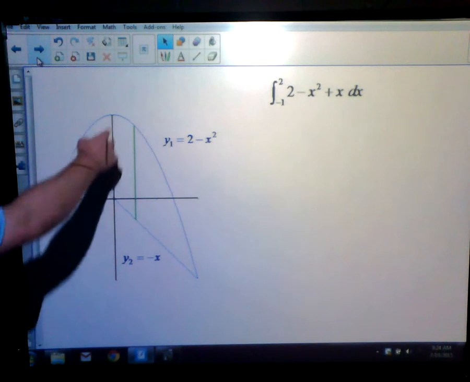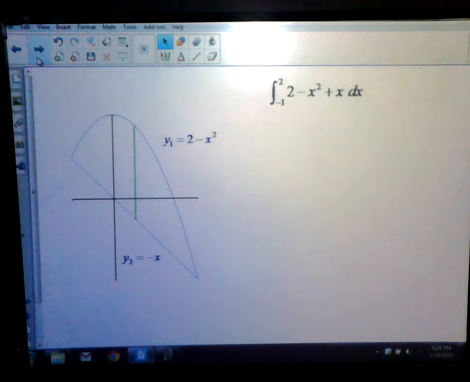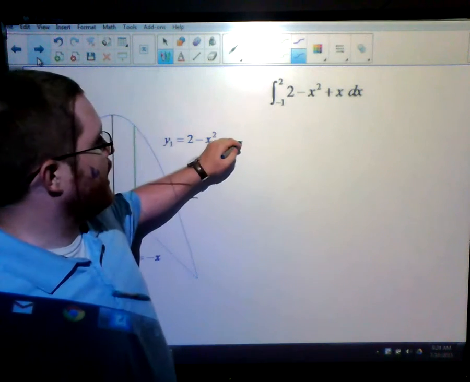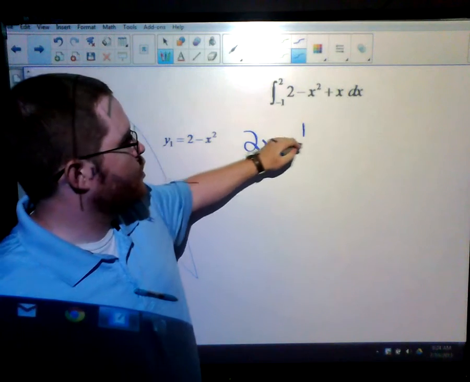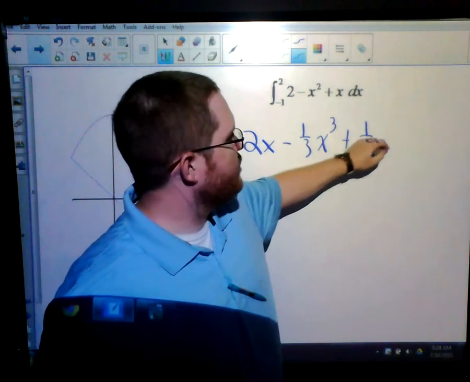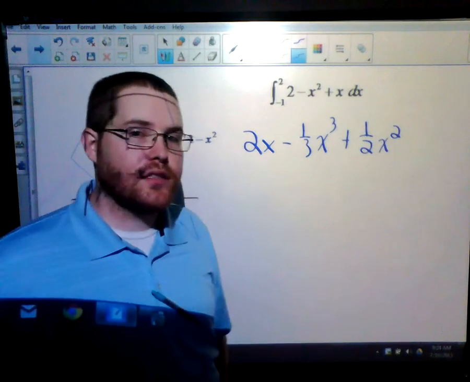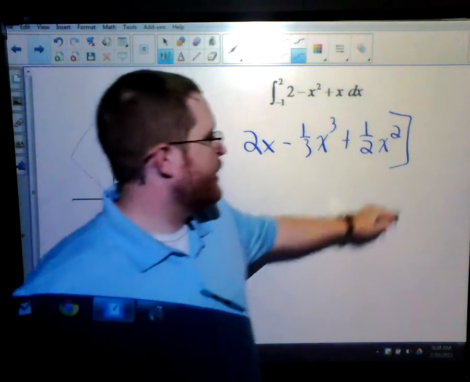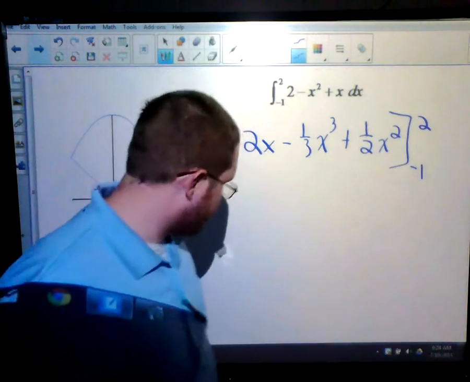Again, it comes from the top function minus the bottom function. Let's integrate. If I integrate this, I get 2x minus 1/3 x cubed plus 1/2 x squared. I don't put a plus c because it's a definite integral, which means I still need to evaluate it between negative 1 and 2.